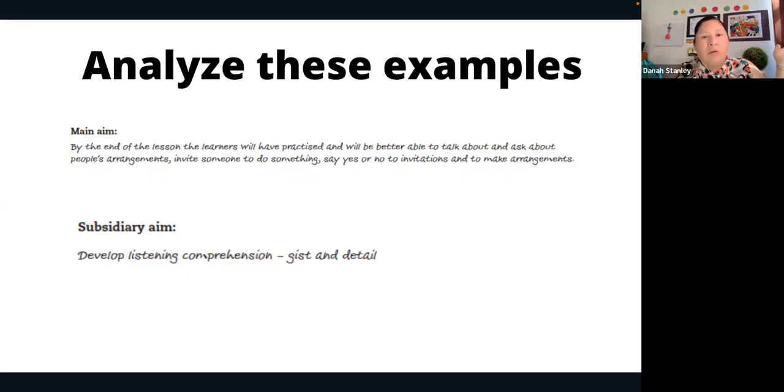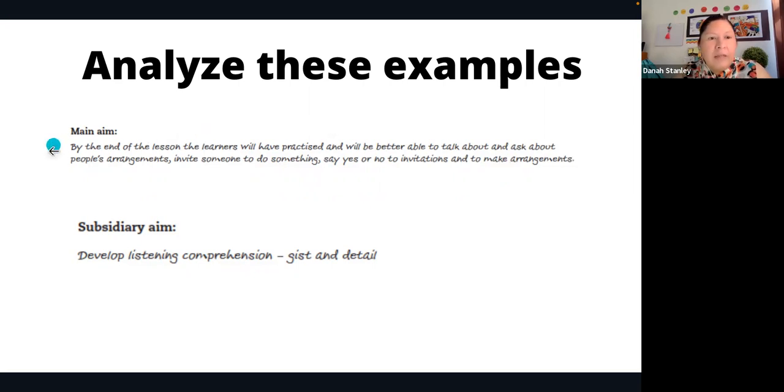Idioms that can be used in formal situations and informal situations. And how to link this idea with the asking or making invitations, and based on the answer I get, to make an arrangement.